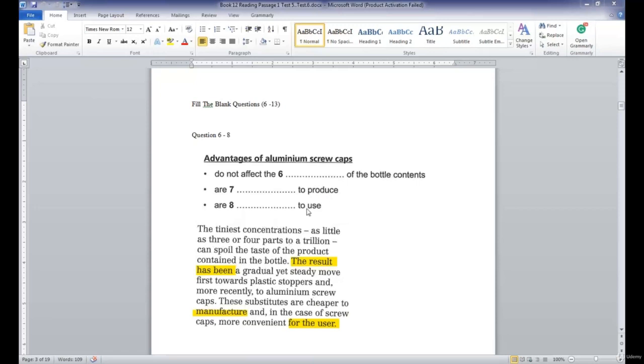The answer to number 8 has to be connected to the words to use. This is how, again, you can save time and find the specific answer without saying, let me understand the whole sentence. Understanding the whole sentence doesn't really matter. Find the language the answer connects to.